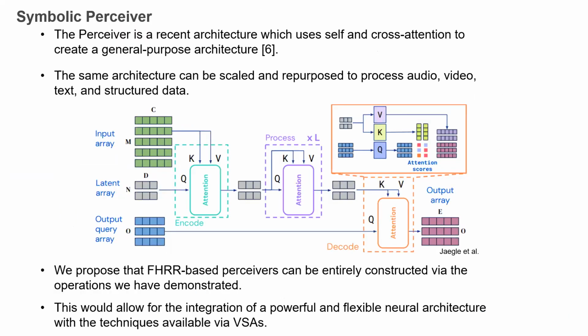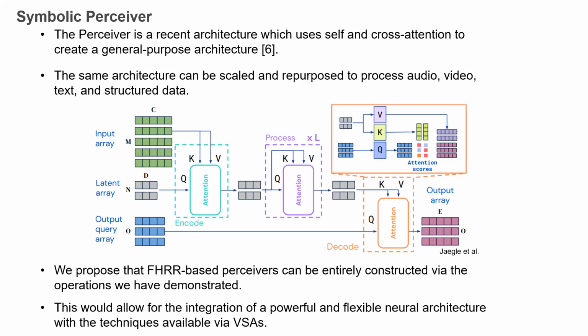And so what we're really building with all of this is that recently, one of the papers published by DeepMind demonstrated this Perceiver, which is an architecture that applies both self-attention and cross-attention to create this very powerful architecture, which they showed can be scaled and repurposed to process not just images, but audio, video, text, and structured data.